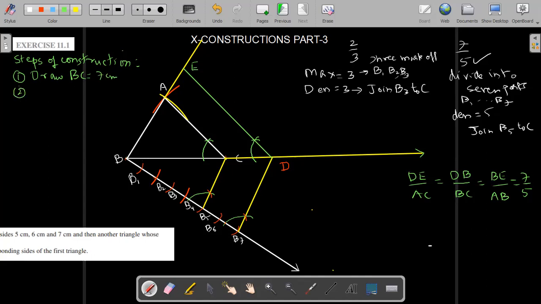Then second, draw an arc with center C and radius 5 centimeter. We have taken this 5 centimeter. This is 6 centimeter and this is 7 centimeter.